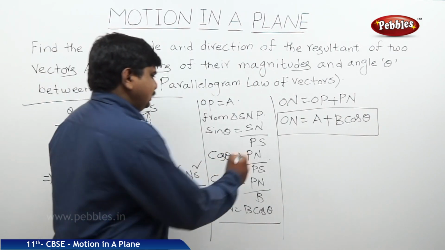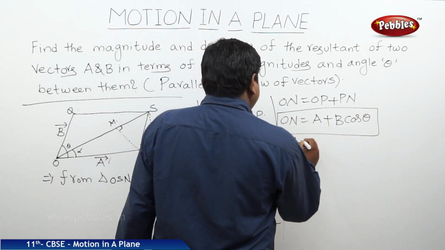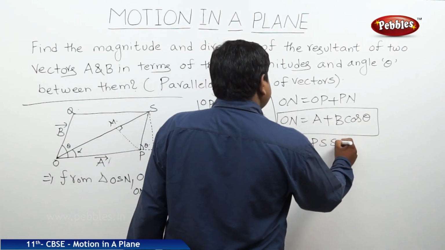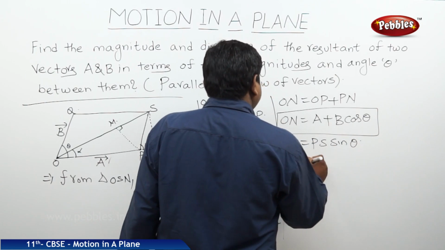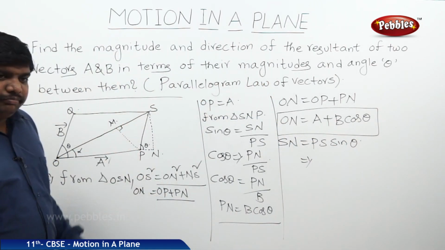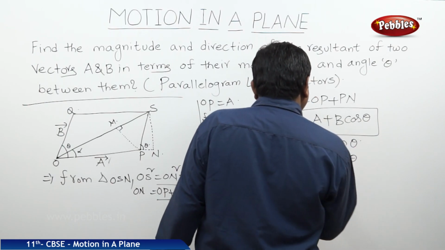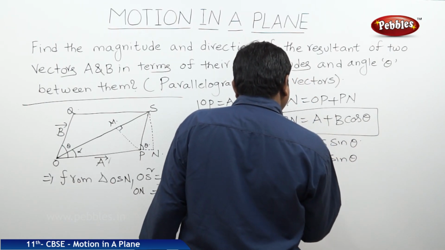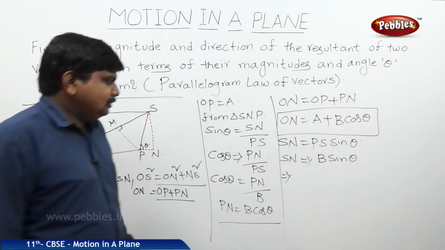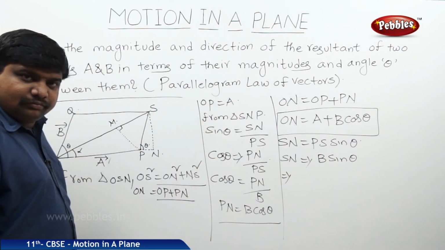From this one, we can write SN is equal to PS sin theta, where PS is B, is equal to SN. So we have ON and SN.